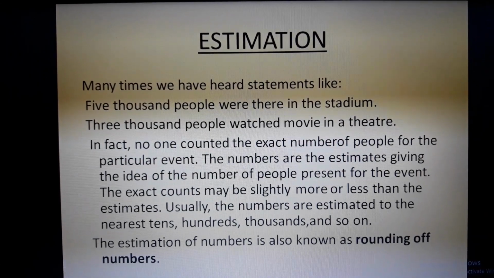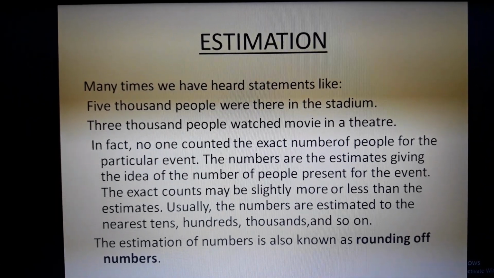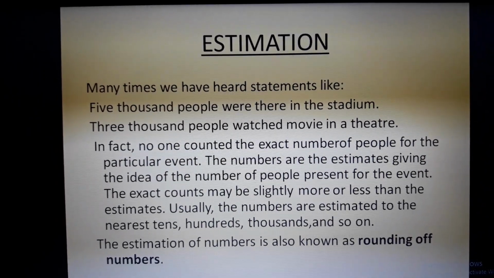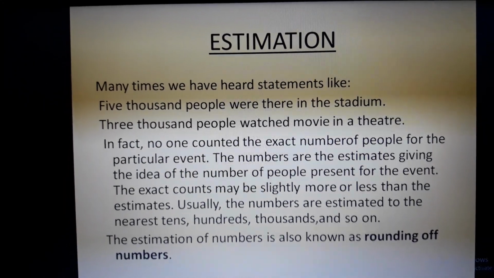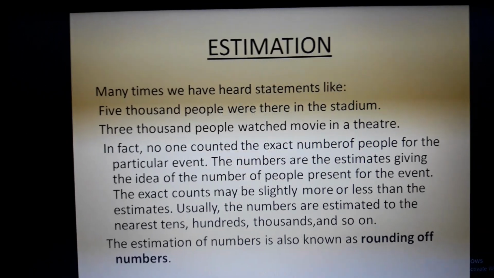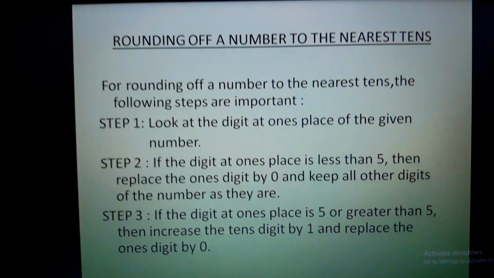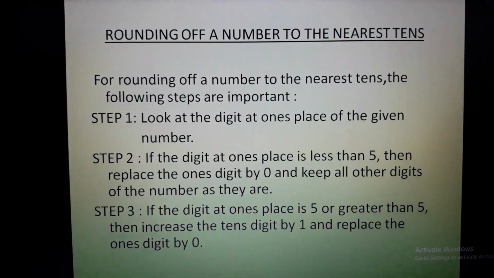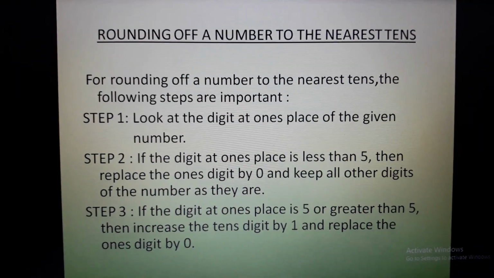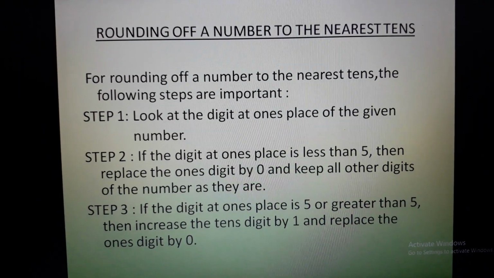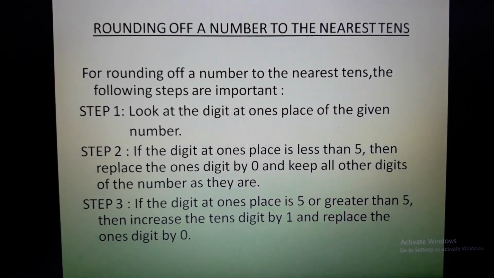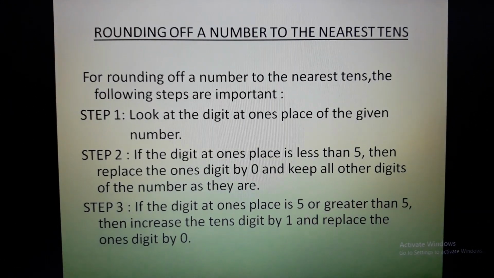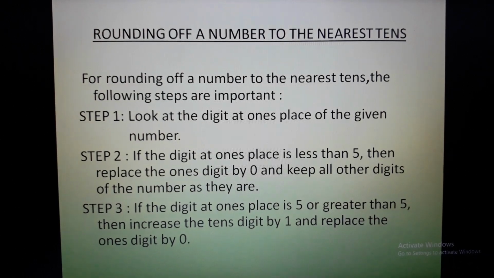Usually the numbers are estimated to the nearest tens, hundreds, thousands and so on. The estimation of numbers is also known as rounding of numbers. This concept will be clear if you look at the steps. For rounding a number to the nearest tens, the following steps are important. Step 1: Look at the digit at the ones place of the given number.